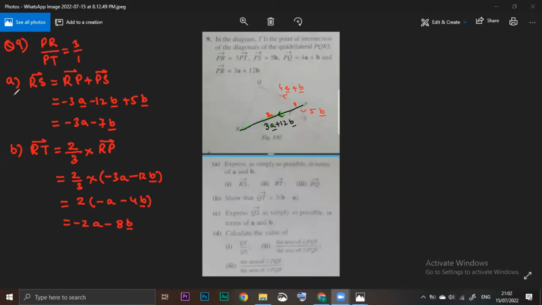This one is part A, 1. This one is part A, 2. Now we want to attempt part A, 3.